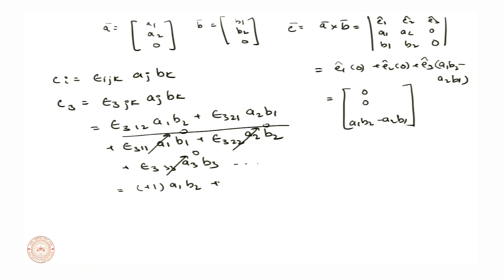And epsilon_321 is in reverse order, so it is negative: minus 1, a2 b1. So that is a1 b2 minus a2 b1. Now I urge you to try out the other two components, C1 and C2, and see if this matches.